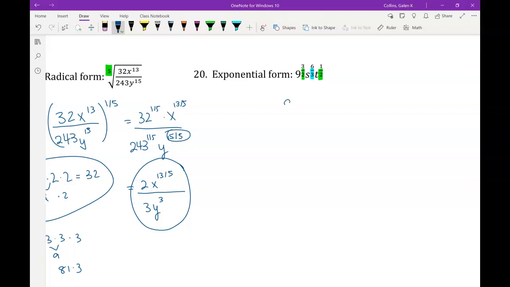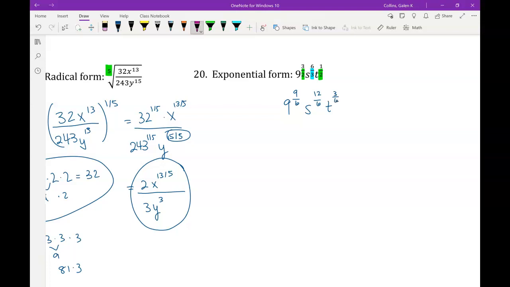So I could rewrite 9 to the 3/2 power. If I want that to have a denominator of 6, I would multiply 2 times 3 to get 6 and 3 times 3 to get 9. Then this would be s to the 12/6 power, and this would be t to the 3/6 power.